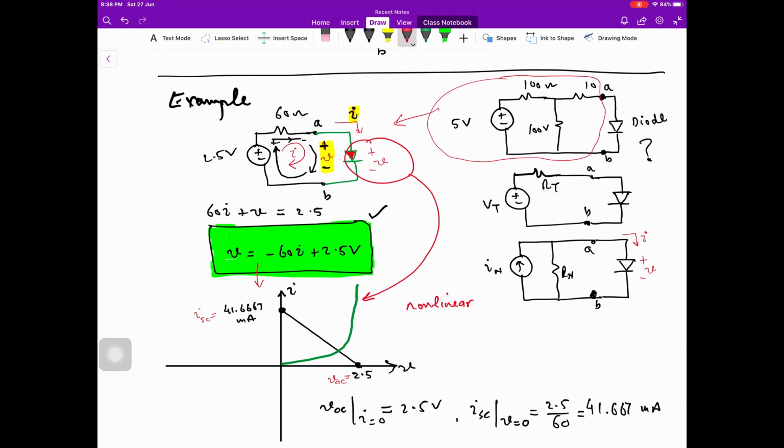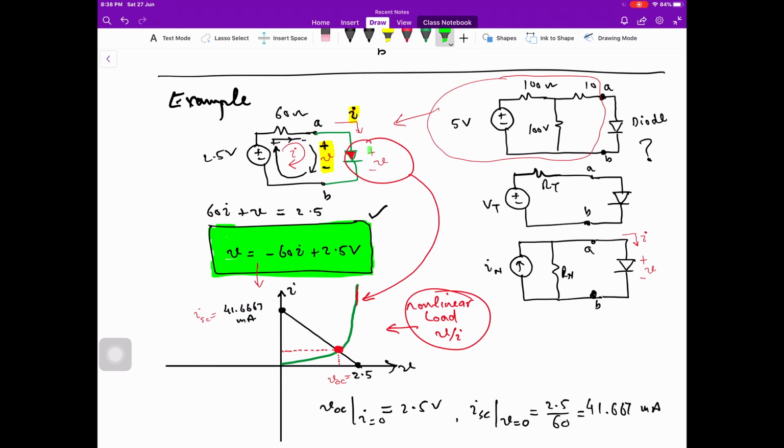So if our load is nonlinear and we know the VI characteristic of the diode, in this case shown in the green line, we superimpose the VI characteristic of our nonlinear load and the load line of the Thevenin equivalent or Norton equivalent, and the intersection of these two will determine the load voltage and the load current.